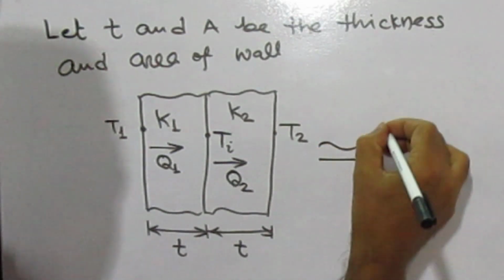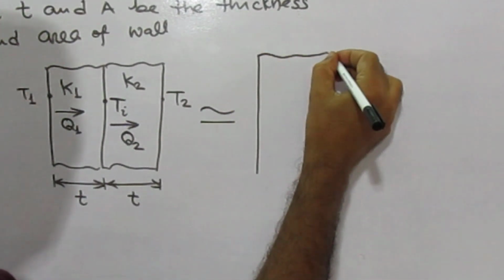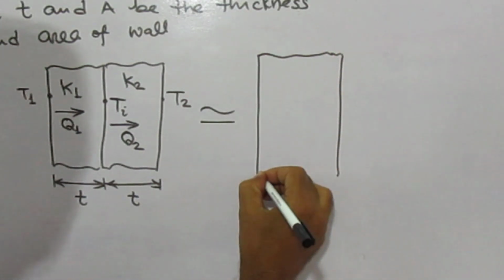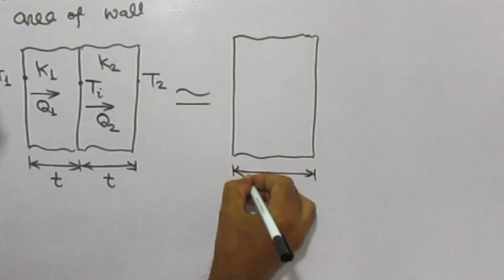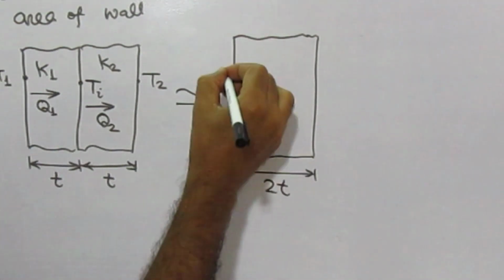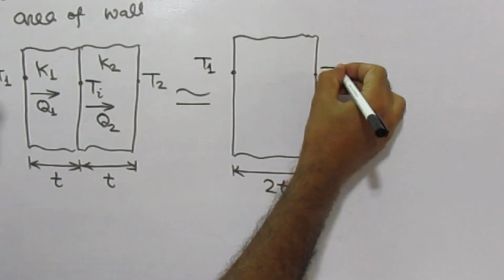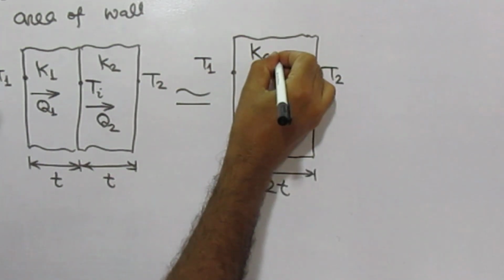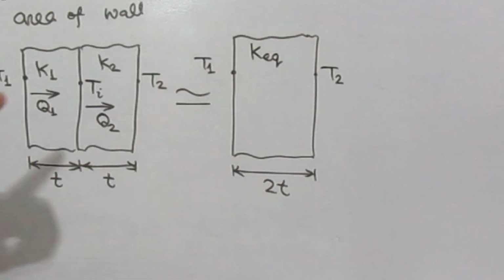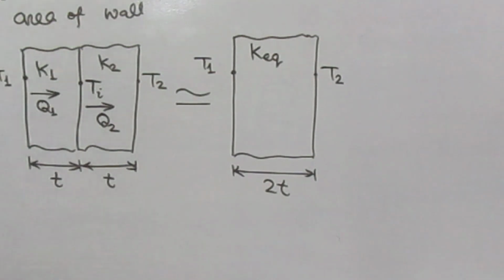And the equivalent slab of thickness T plus T, 2T, with temperature T1 here and temperature T2, and equivalent thermal conductivity K equivalent.